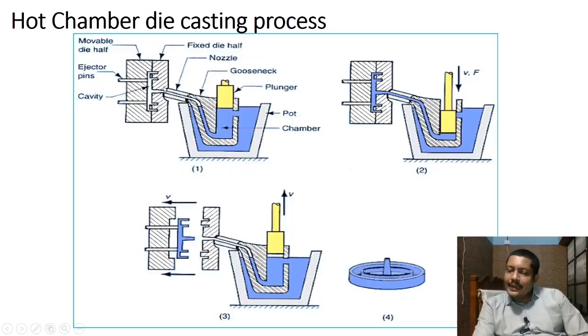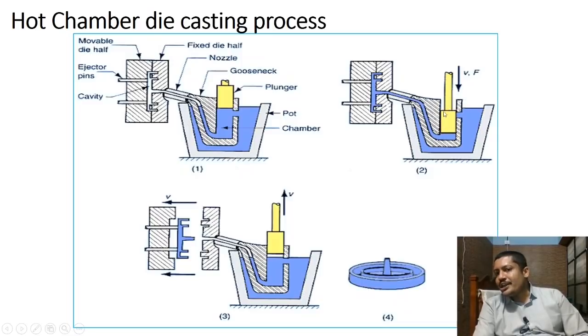As in the previous casting, here also you need to hold the plunger in its position till the solidification completes. So you can see this is the initial stage where melting happens. The operation of the ram is shown over here, and you can see as a result the mold cavity is filled.